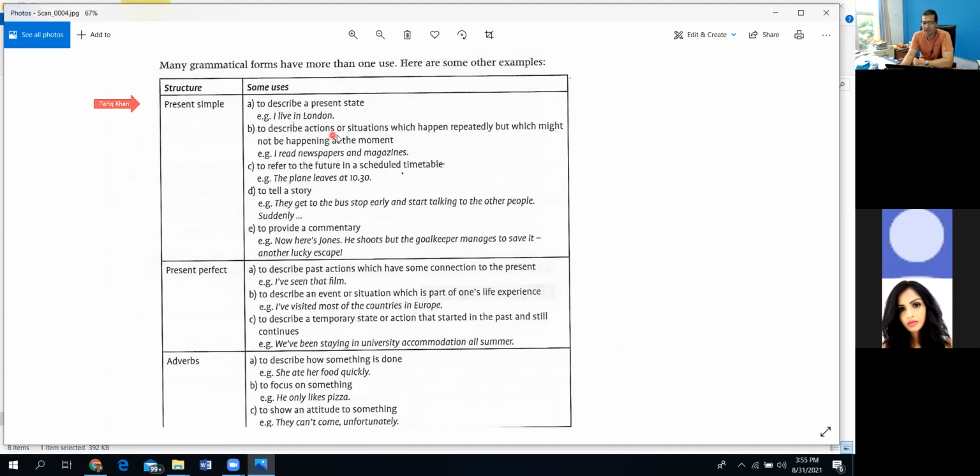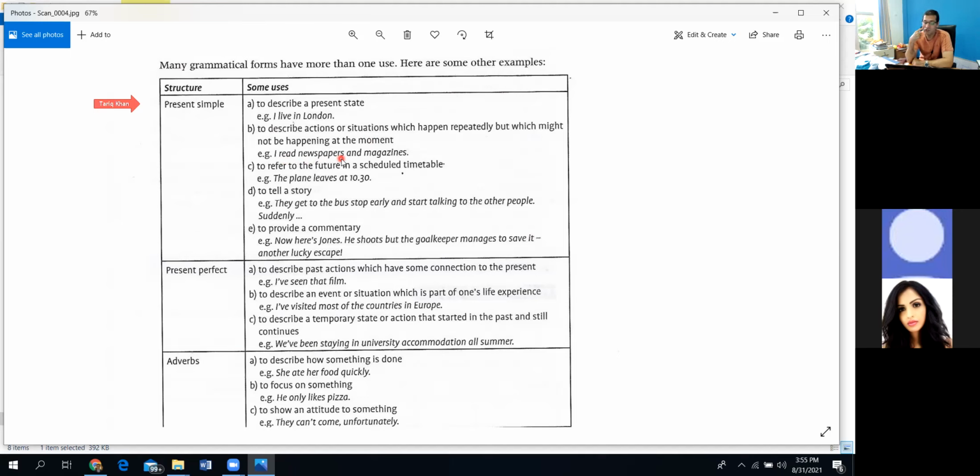B, to describe actions or situations which happen repeatedly but which might not be happening at the moment. Like what? I read newspapers and magazines. You are telling your habits.